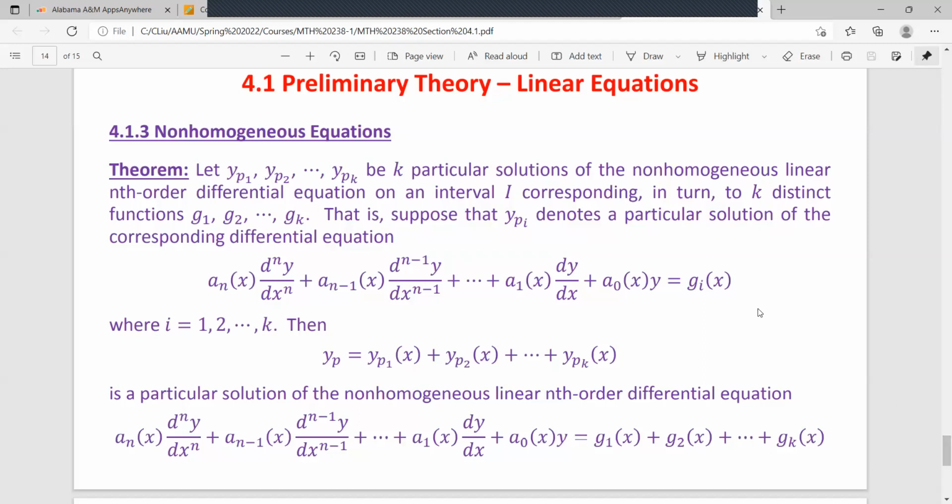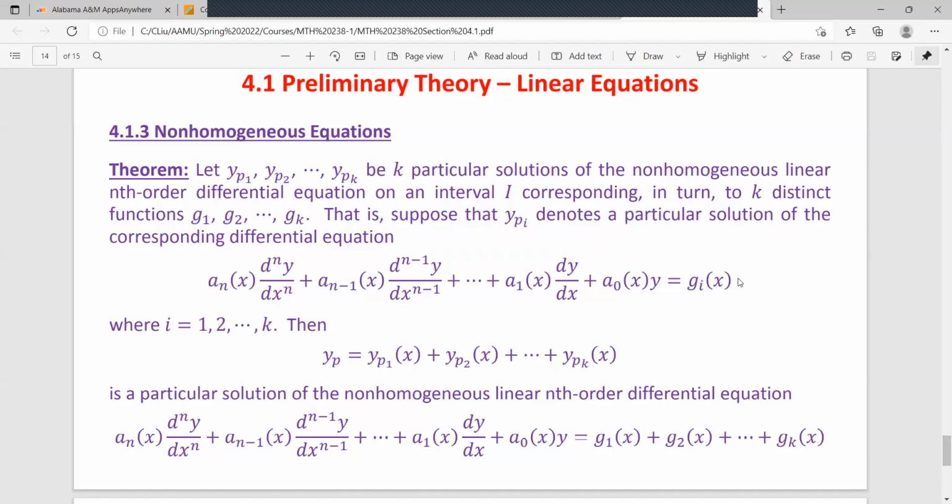So what's the point? The point is, if you cannot find a particular solution to a differential equation, then you can try to break up the right-hand side into several parts. I suppose the differential equation has already been written in standard form.